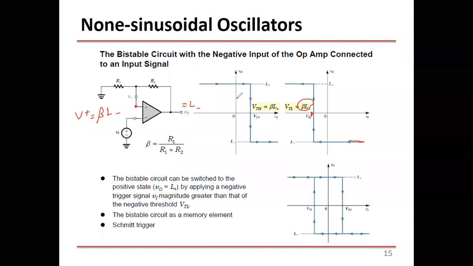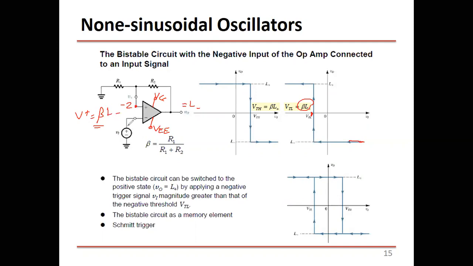Why is it here? Because beta is a fraction, less than 1, and L minus is negative. L minus is relevant to VEE, which is negative, while VCC is positive. L plus is close to VCC, and L minus is very close to VEE. So this value is negative, like minus 2 volts or 3 volts or whatever.